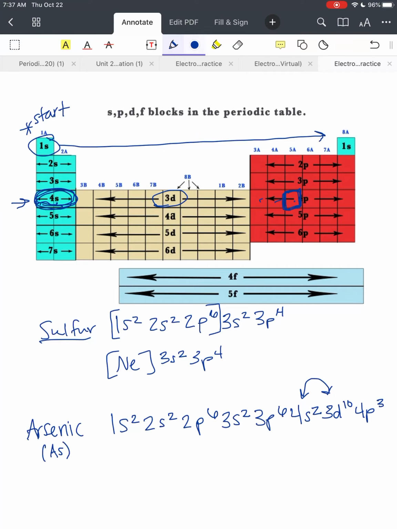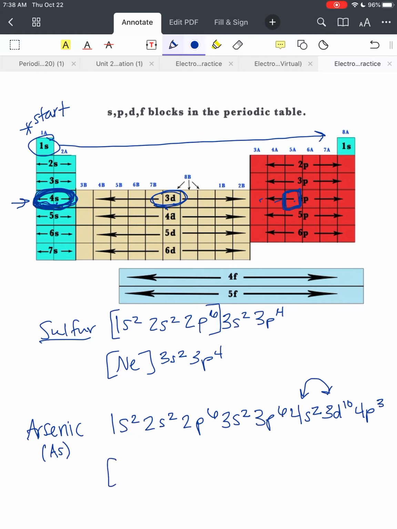So it's easier for them to put it in this spherical 4s energy level and then kind of go back and fill in this 3d later. So that's why it's ordered that way, and so it's important that you keep it written that way.